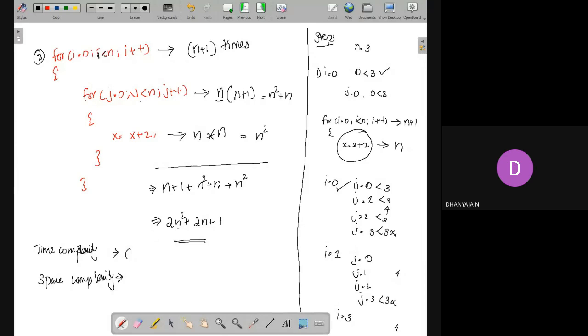So I'll write the time complexity is equal to big O of n square, and space complexity is also n square. So the complexity value we will always represent in terms of the highest degree of that polynomial, which is n square. So the space complexity is also big O of n square.